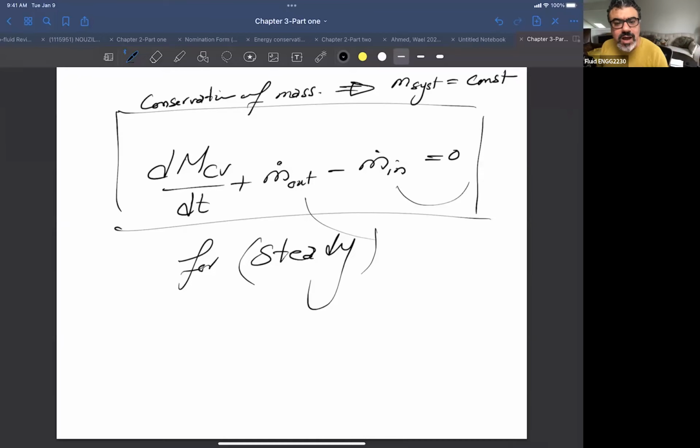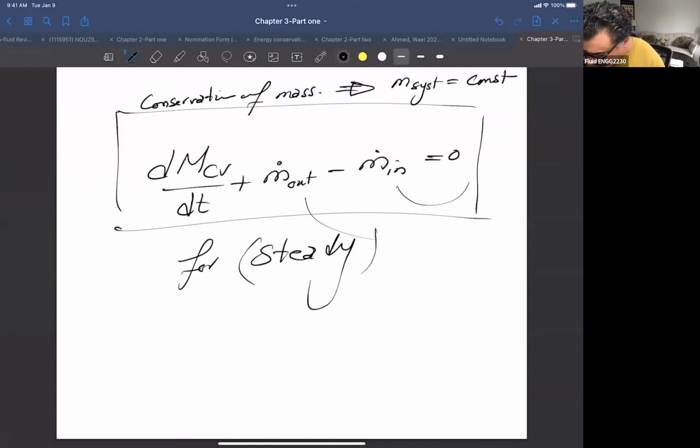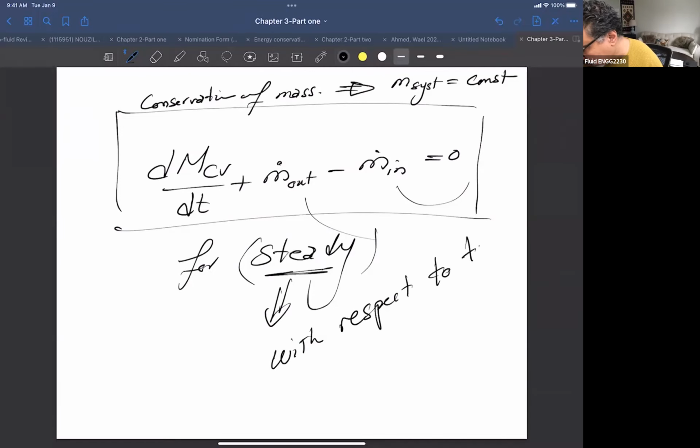So every time that you see the term steady, every time you talk about steady here, it is with respect to time. d/dt is what?